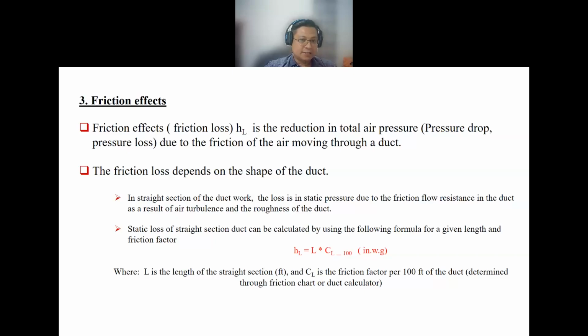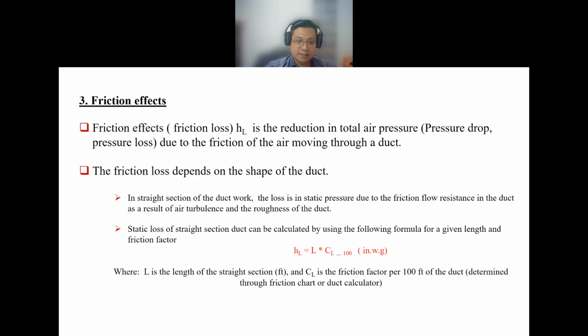The static loss of a straight section duct can be calculated using the following formula for a given length and friction factor. This one is based on 100 feet long in the head loss. So the formula is HL = L x CL/100. L is the length of the straight section in feet and CL is the friction factor for 100 feet of the duct, determined through a friction chart or a duct calculator. So we can check using either the friction chart or the duct calculator.